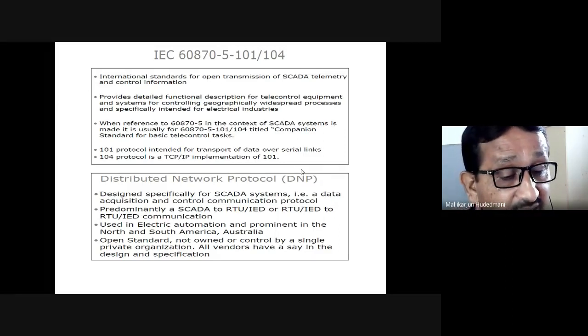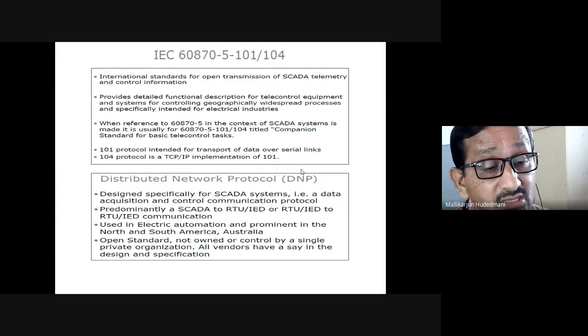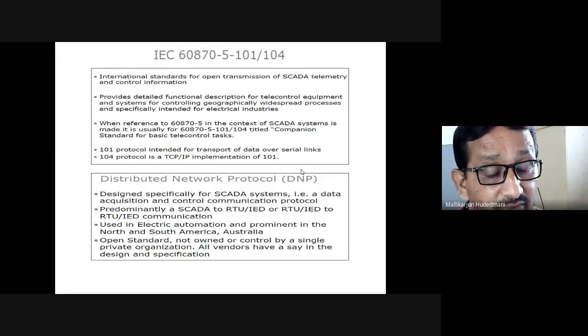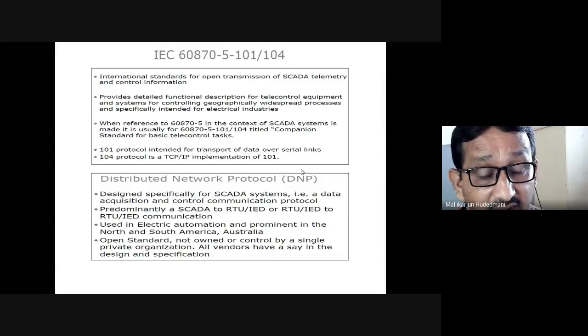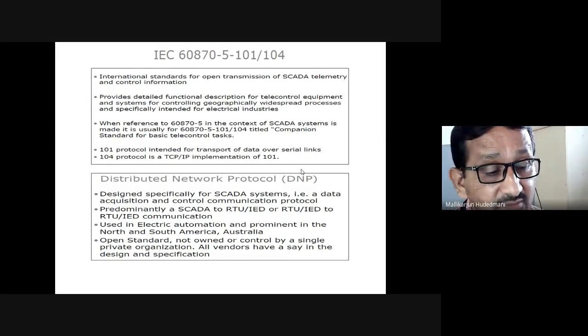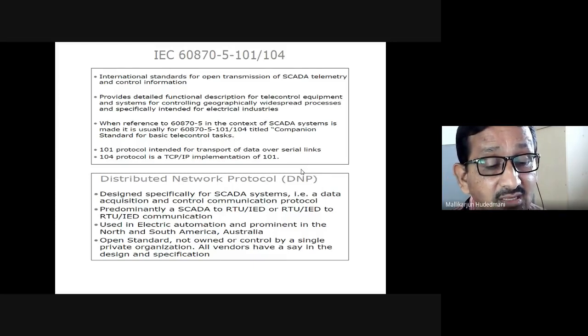And in turn, with reference to a certain IEC standard 60870-5 in the context of SCADA, from the perspective of a supervisory control and data acquisition system, it is made usually for 101 or 104, titled as the companion standard for basic telecontrol.